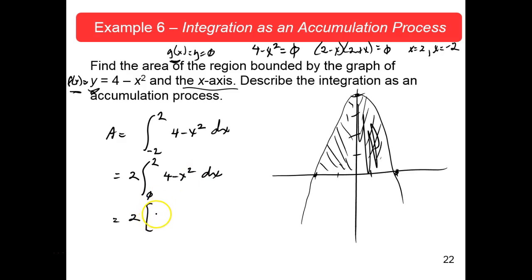Anybody? 4x minus x cubed over 3, evaluated between 0 and 2. Can anyone see why I didn't want to use the negative 2 in there? It's far easier to evaluate it at 0, isn't it?